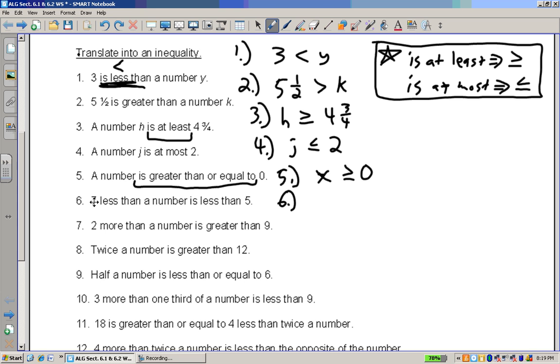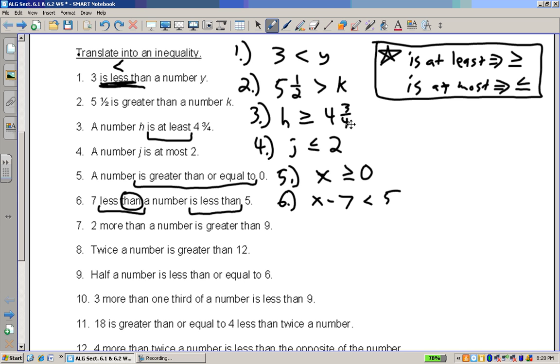Number 6, 7 less than. Now when you see that word than, usually that's a switch word. So instead of putting the 7 first, I'm going to put it at the end and use subtraction. 7 less than a number, so say x, is less than 5. So be careful. When you see that word than, usually that's a switch word.